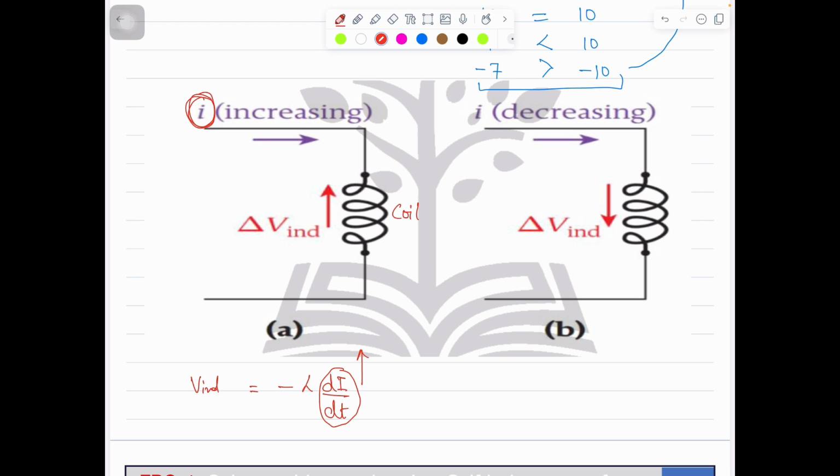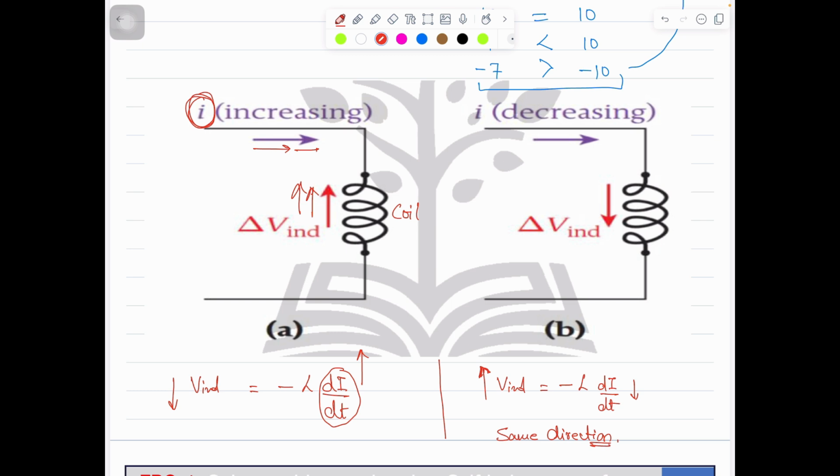Then what will happen with the V induced? It decreases. Do you understand? So current is moving this side, trying to increase, then voltage is opposing it. Fine. Now the second case. Current is decreasing. V induced is equal to negative L di over dt. Current is reducing. Then what will happen? Voltage is increasing, in the same direction.